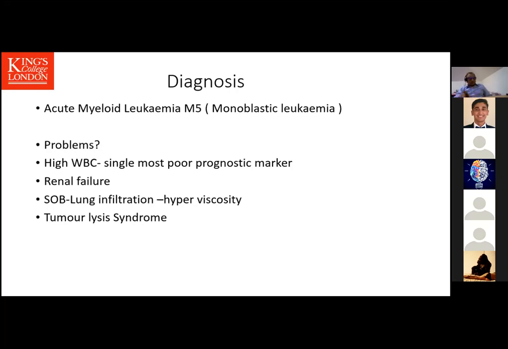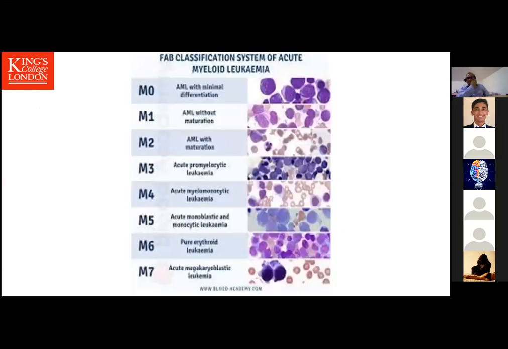If you have an AML with a white cell count above 100, it's the single most poor prognostic marker to present with. And unless we treat him quick enough, this patient may have established renal impairment, might need dialysis, and might go on a ventilator because his lungs are going to be infiltrated by these monoblasts. And he will have tumor lysis syndrome.